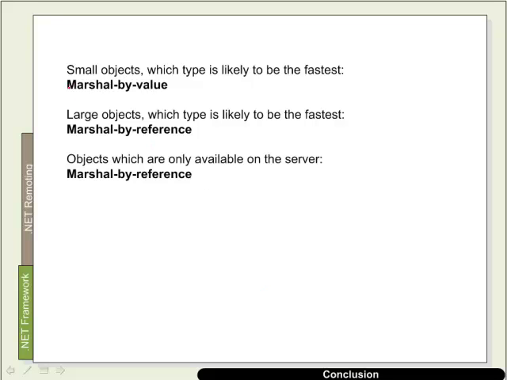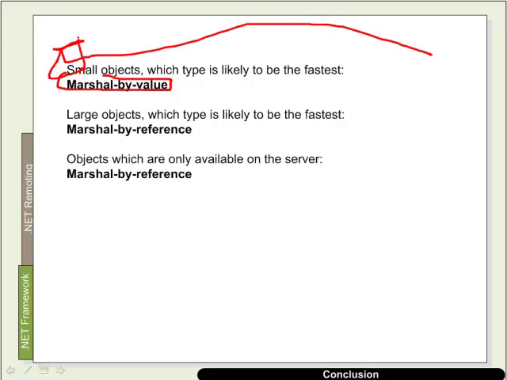So for small objects, marshal by value is fine, because we can pass small values such as integers, floating points and so on fairly quickly inside encapsulation. But for large objects, the fastest is likely to be marshal by reference. For objects that are only available on a server, such as a database object, then again we use marshal by reference.